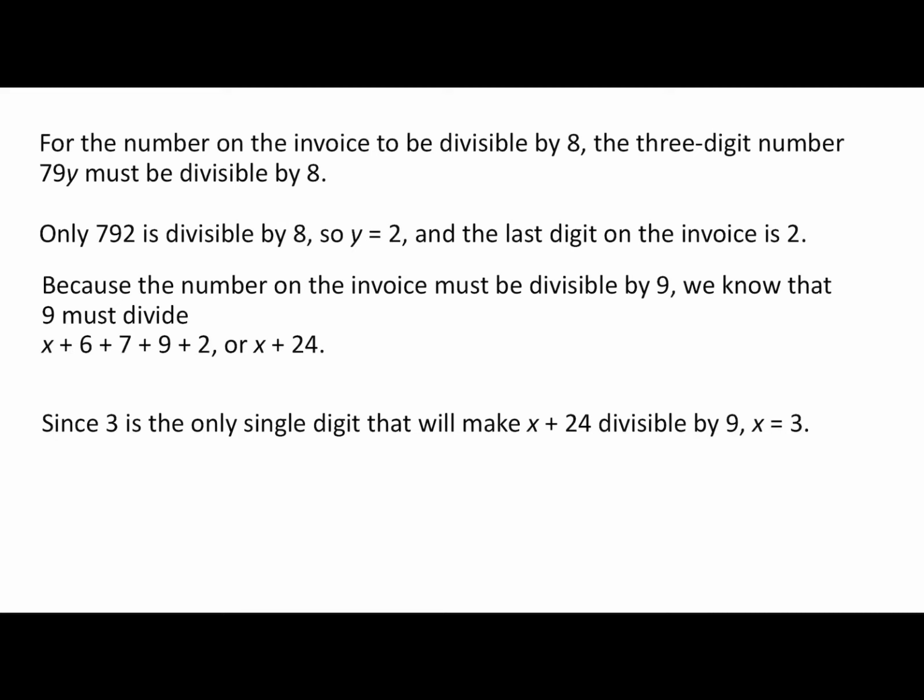If X is 0, I get 24, that's not divisible by 9. If X is 1, I get 25, not divisible by 9. If X is 2, we get 26, not divisible by 9, and so on. You should check all the way up to X equals 9. If X is 9, I get 33, also not divisible by 9. Okay, so 3 is the only option that will work for X, so X must be 3.